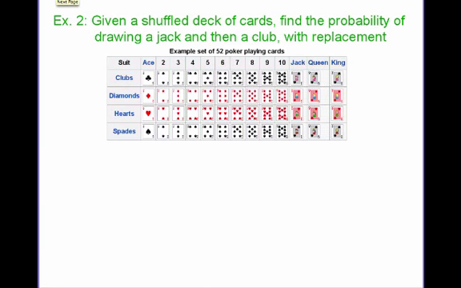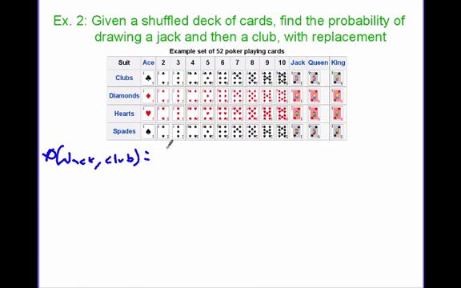Example 2. Given a shuffled deck of cards, find the probability of drawing a jack and then a club with replacement. Here's how we're going to do this. We're going to find the probability of a jack and then a club.